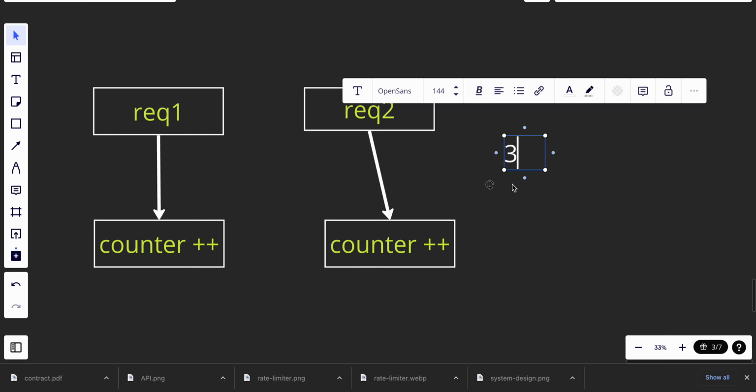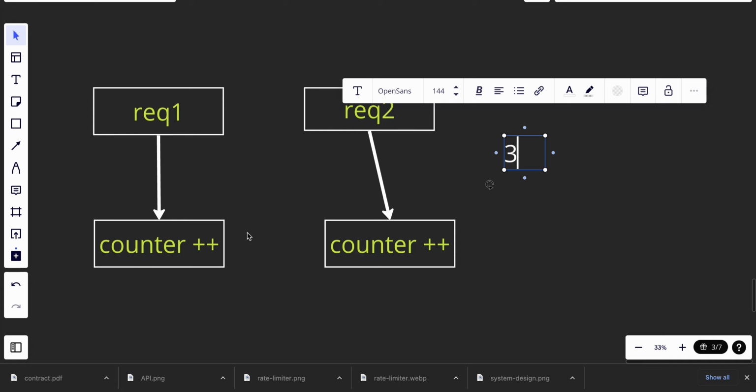Suppose that we have a system where multiple clients can update a counter in Redis at the same time. If two or more clients try to update the counter simultaneously, the race condition can occur, and the counter may not be updated correctly.